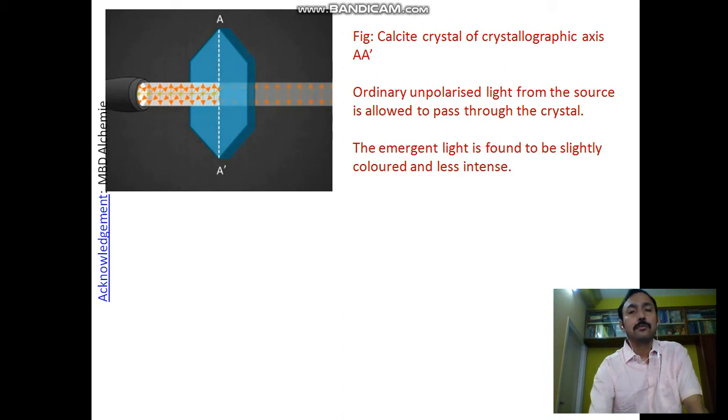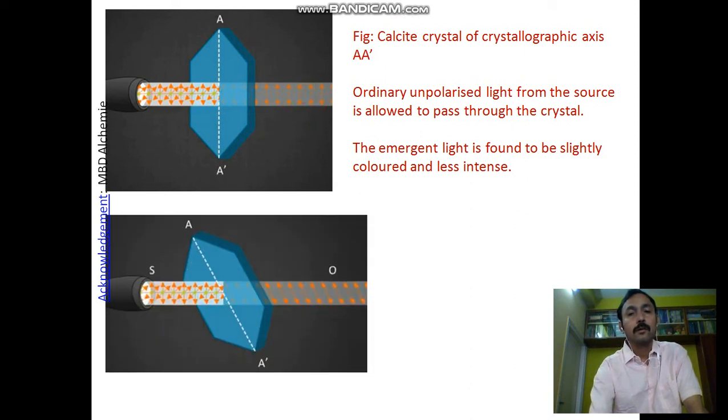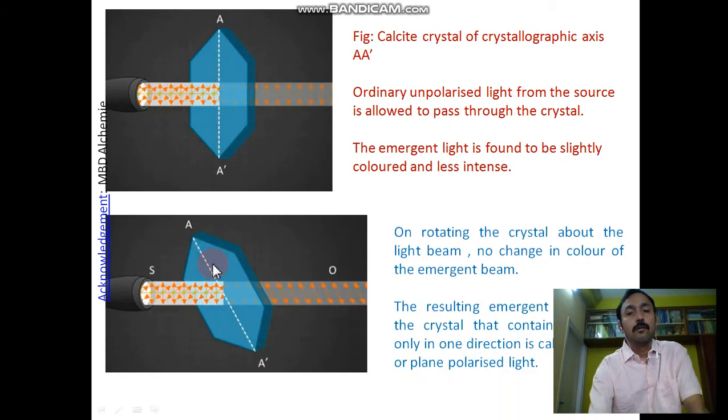After passing through the crystal, the emergent light is found to be slightly colored and less intense. On rotating the crystal about the beam axis, the color will not change.